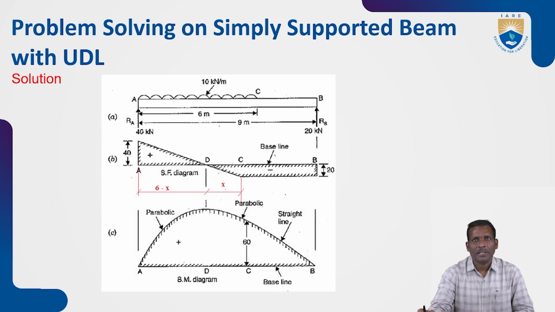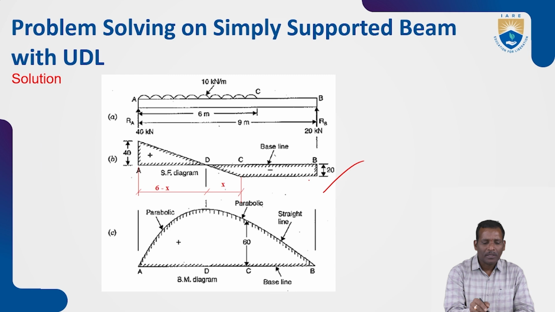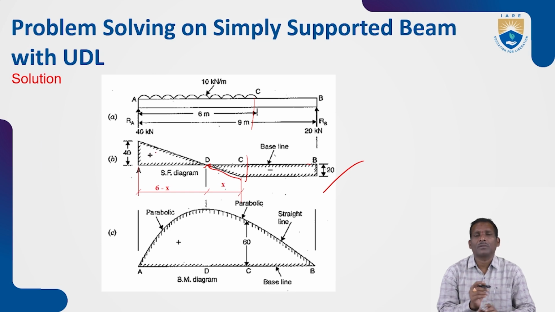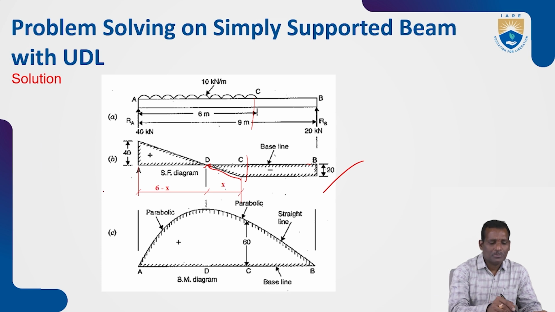Now draw the shear force diagram: at B it is 20, from B to C, and then at C, taking the X value from here to here at D, and again positive. Here one thing you can observe: the shear force diagram values change sign, from positive negative to positive.